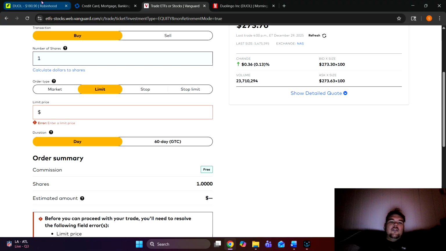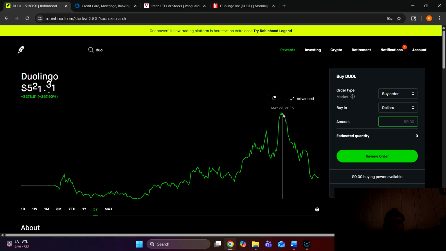So for Duolingo's case, let's say I put in a limit order for $190 a share. As soon as the stock price hit 190, which was probably around here, it would have executed my trade if it was in that 60-day time frame. If I would have put it in here and 60 days passed, then it would have expired.